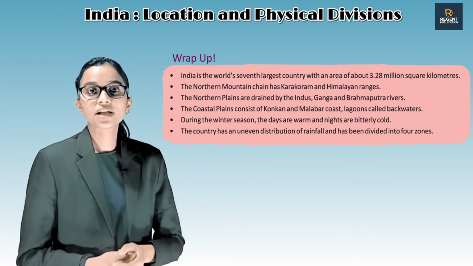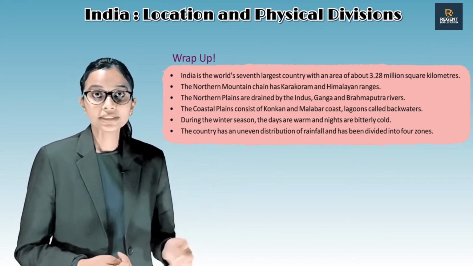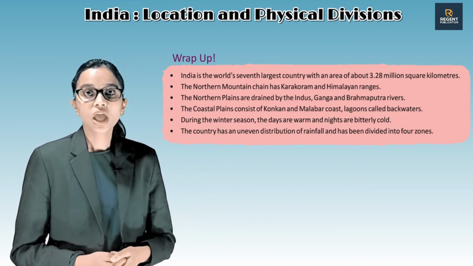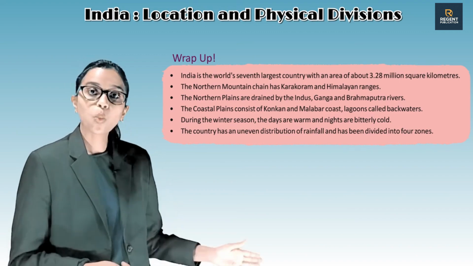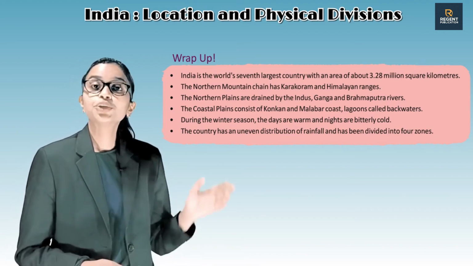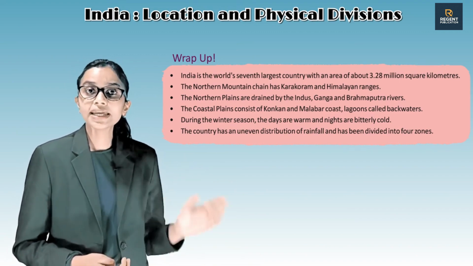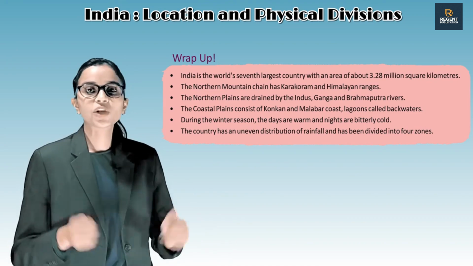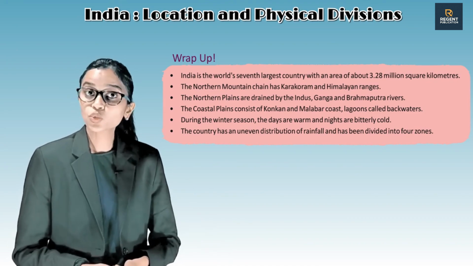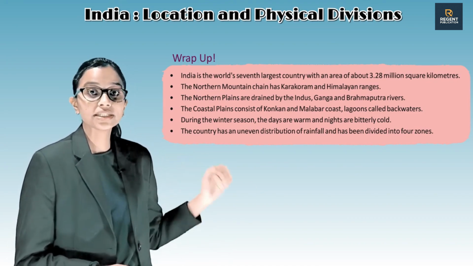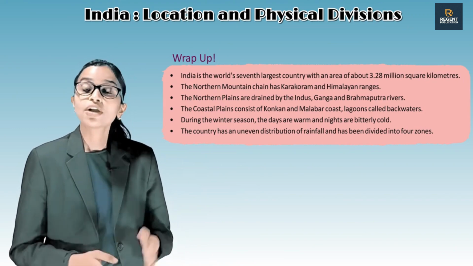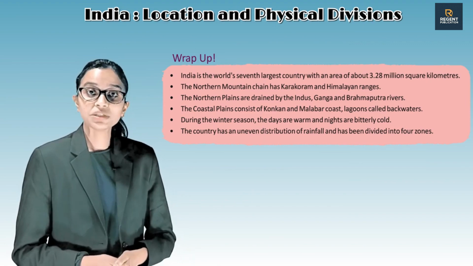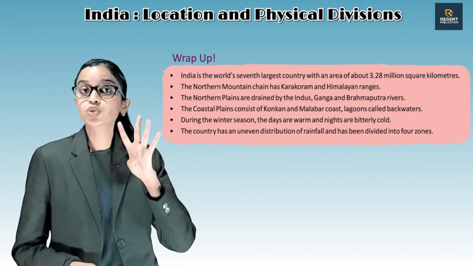The coastal plain consists of Konkan and Malabar coast, with lagoons called backwaters. During the winter season, the days are warm and nights are bitterly cold. And the last one is the country has an uneven distribution of rainfall and has been divided into 4 zones.